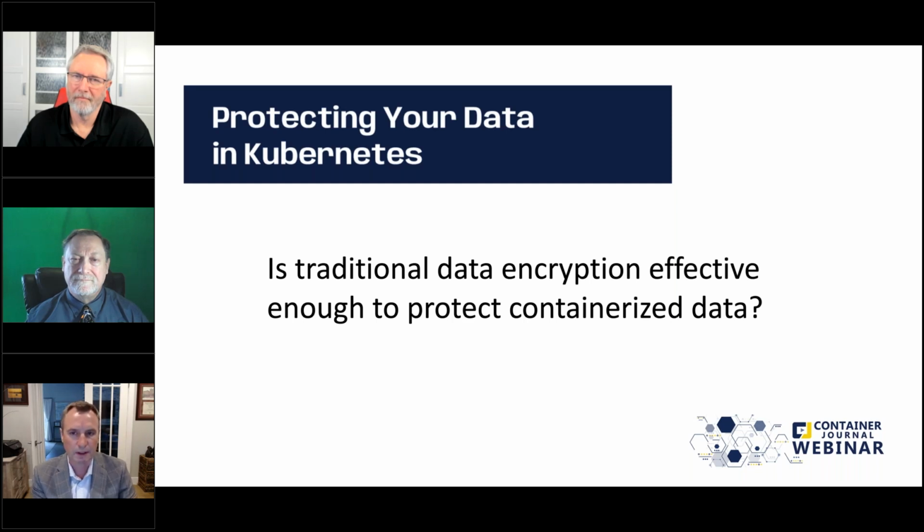Is it enough to encrypt large partitions or volumes? Go a little bit bigger. Is it okay to encrypt one large vSAN or a cloud native storage? Or is it just okay to have a self-encrypting drive? As you can see, it goes more general, and at some point you're too general. You're trying to protect the universe with one key. On the other end, you're trying to protect every atom. So where is that fine level of balance?